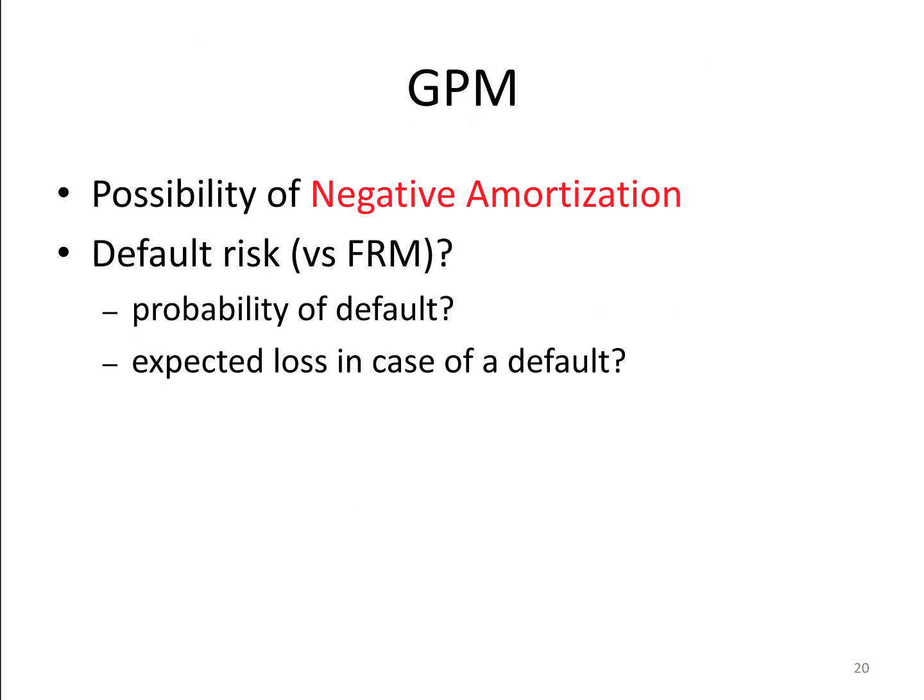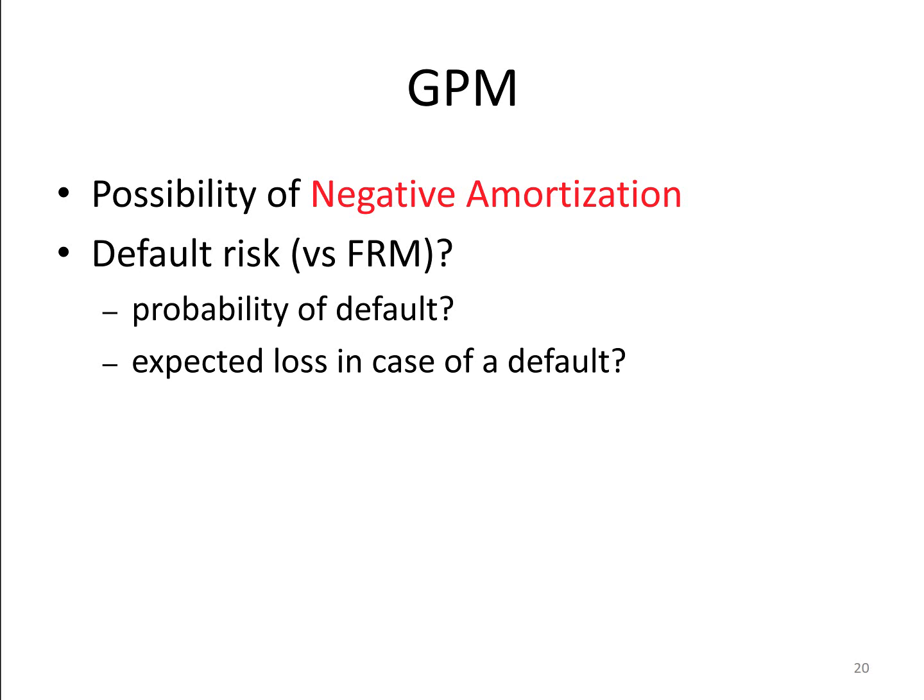But for a graduated payment mortgage, there is a possibility of negative amortization, which happens when the monthly payment is so low it's not even enough to cover the interest charged by the bank in that period. So the difference between interest charged by the bank and the monthly payment will accumulate on top of the loan balance. We observe the loan balance grows over time.